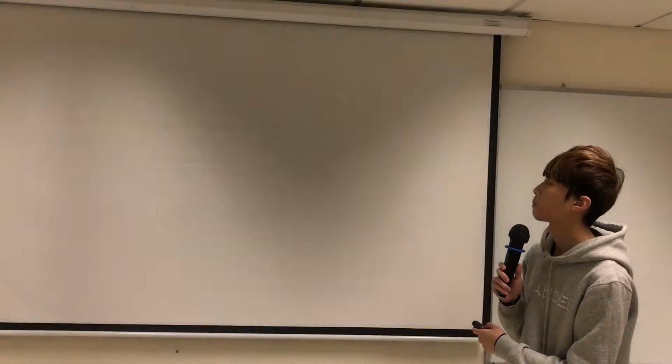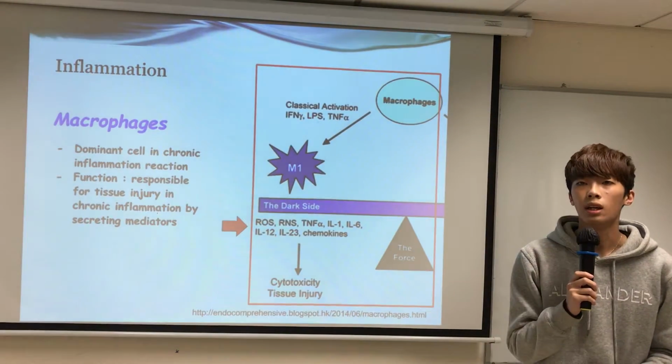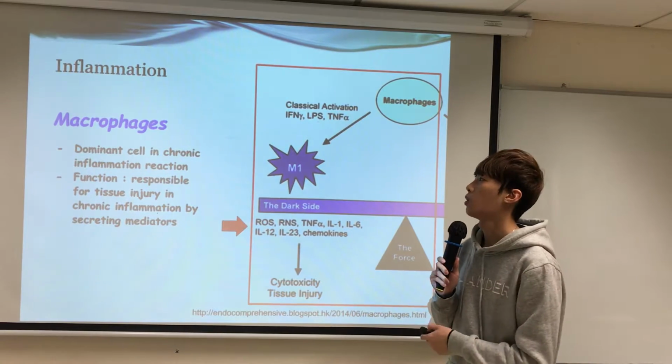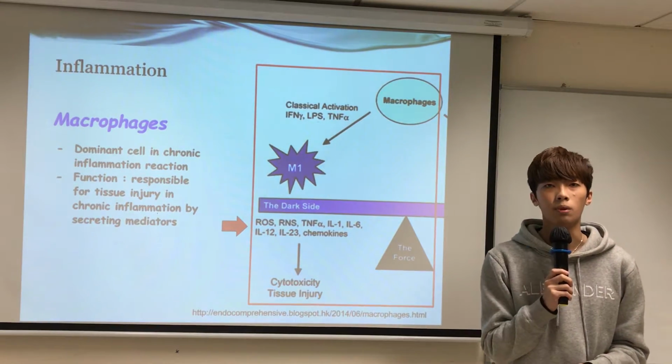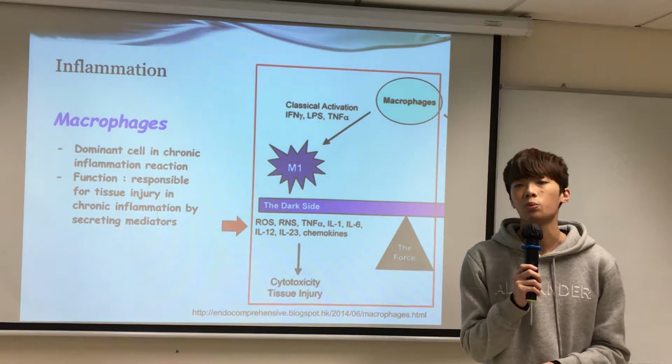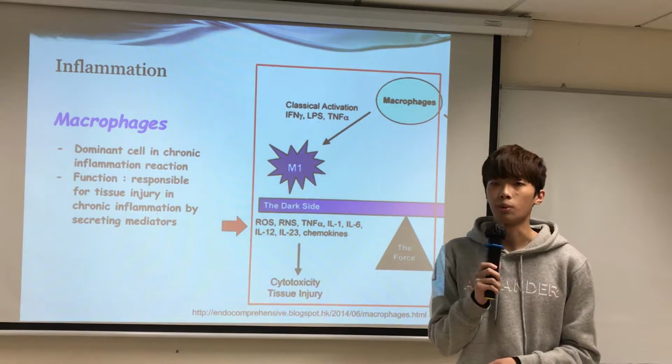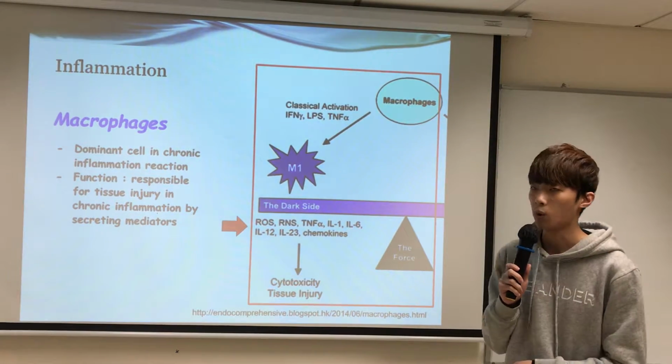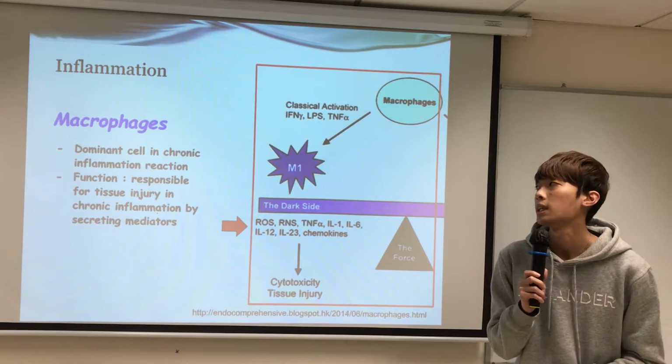our claim. First of all, in chronic inflammation, macrophages are the dominant cell in the inflammation reaction. They are responsible for the tissue injury in chronic inflammation by secreting some mediators.